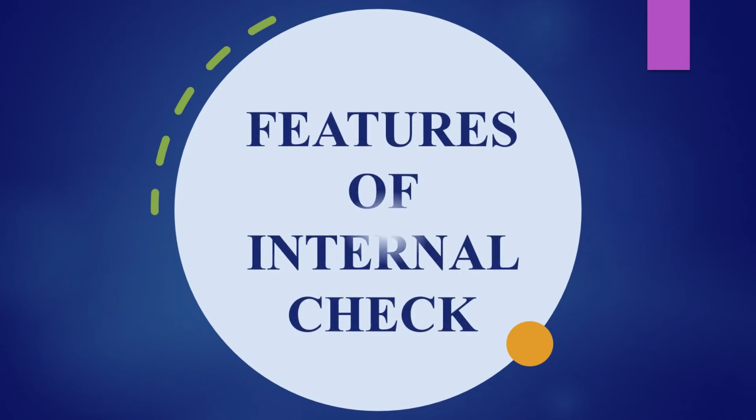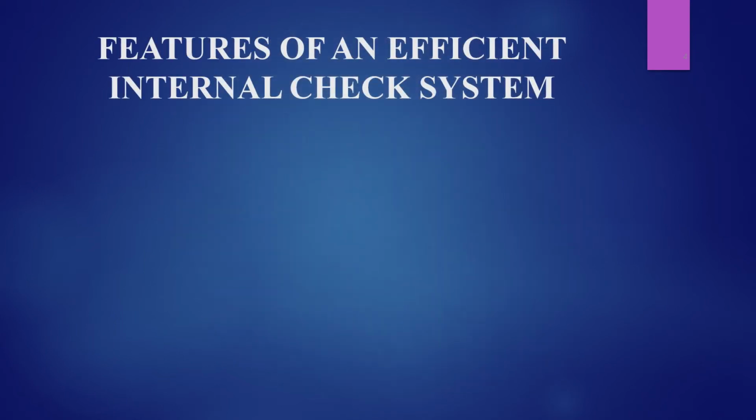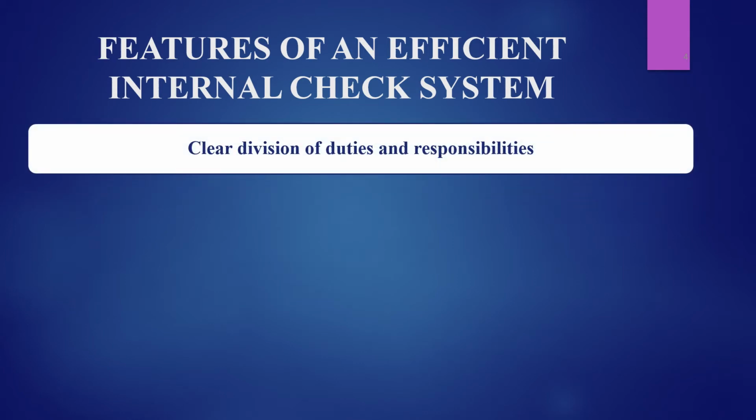Now let us talk about the features of internal check. Talking about the features of an efficient internal check system, the very first feature is clear division of duties and responsibilities.